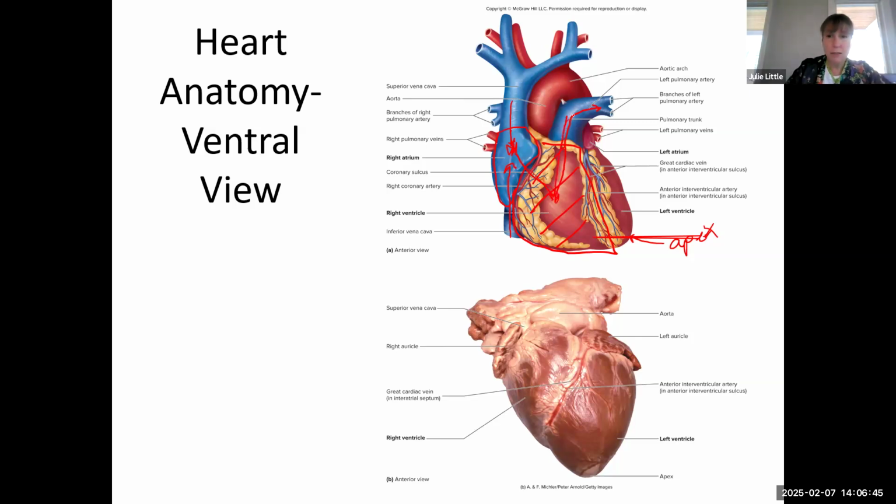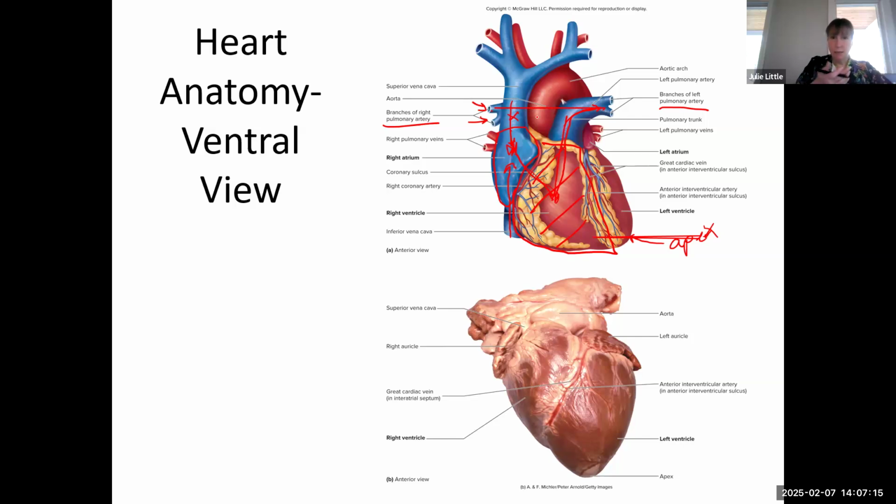Then that pulmonary trunk is going to separate into the left, because we're leaving away, pulmonary arteries. Notice how they're blue. So these are the left pulmonary arteries on this side. Over here, we see the right pulmonary arteries, branches of the right pulmonary artery. So in other words, you can see the left pulmonary arteries, but the right pulmonary arteries are going behind the superior vena cava and this other big vessel called the aorta.